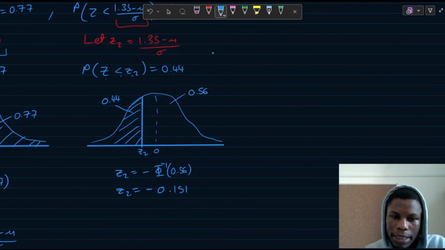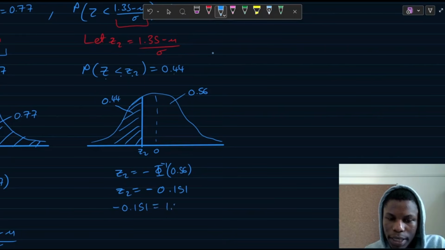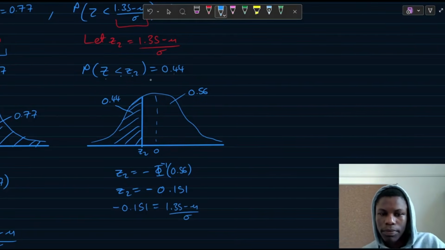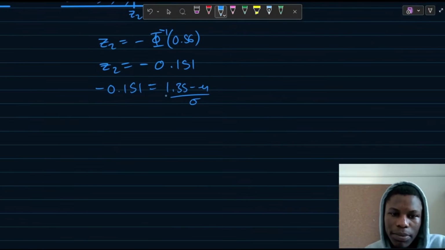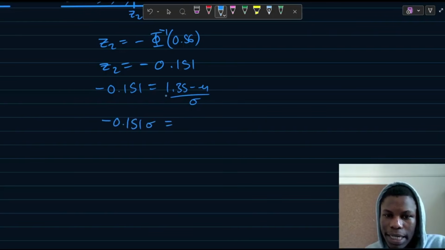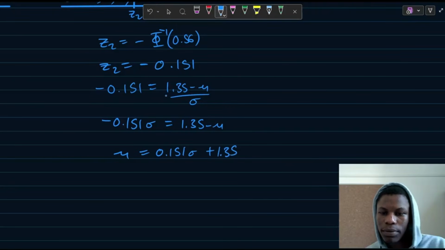So I can say that negative 0.151 has to be equal to 1.35 minus mu over sigma. Okay. And now we can multiply both sides by sigma. So I've got negative 0.151 sigma is 1.35 minus mu. And let's make mu subject of the formula. So mu is 0.151 sigma plus 1.35.